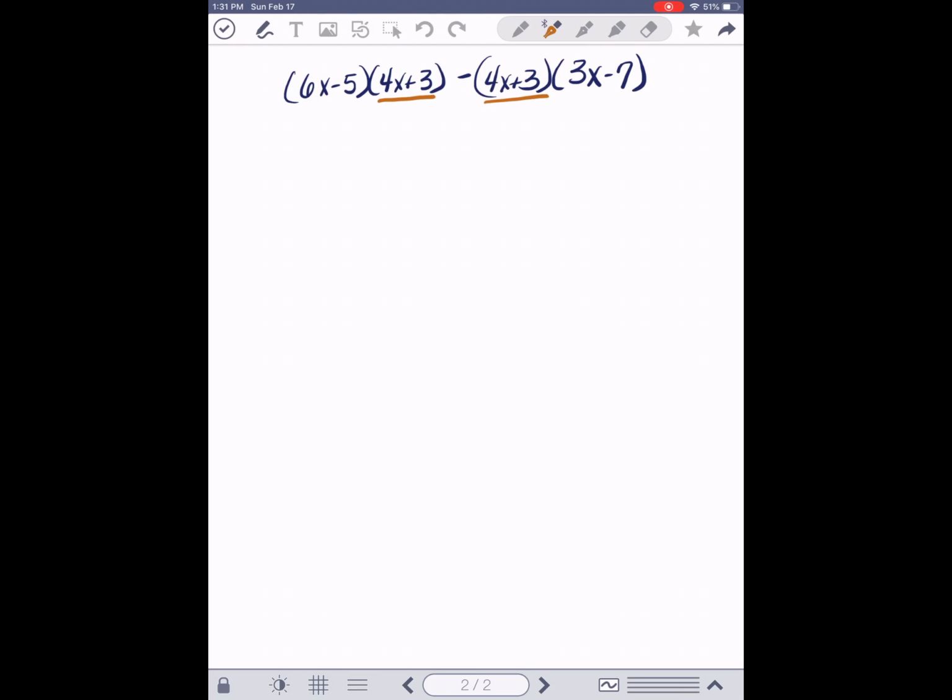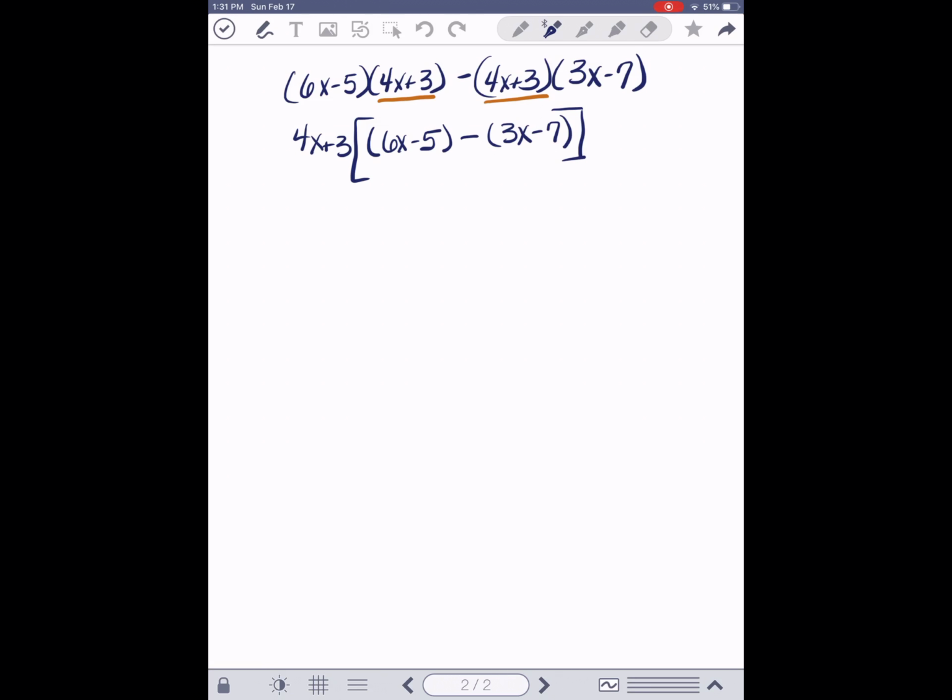So if we take out 4x plus 3, we're left with 6x minus 5, then minus, and over here we take out a 4x plus 3 and we're left with 3x minus 7.